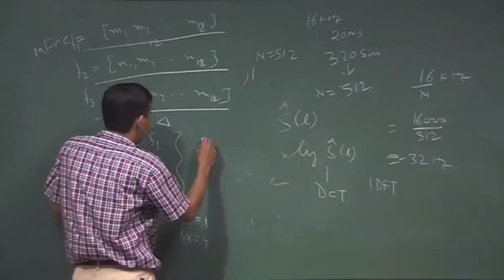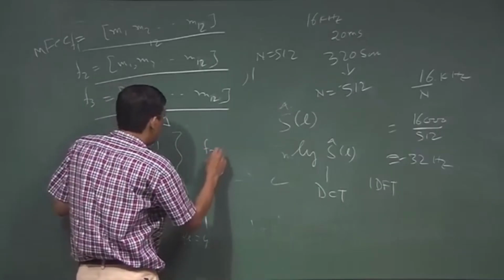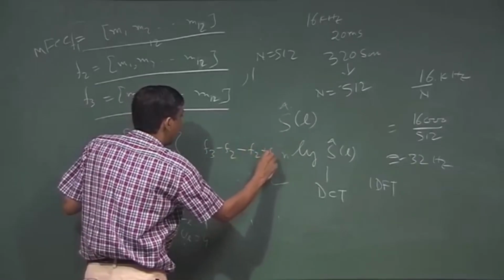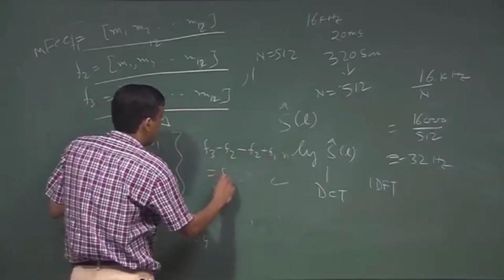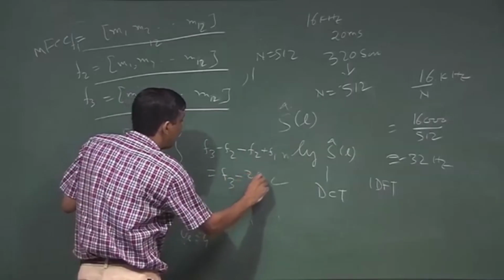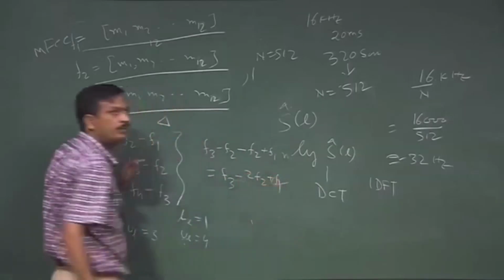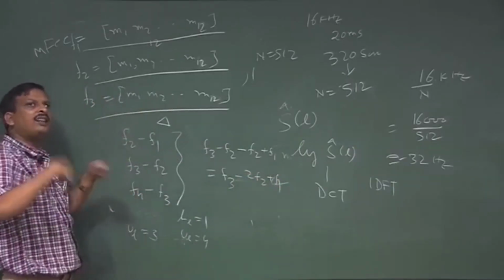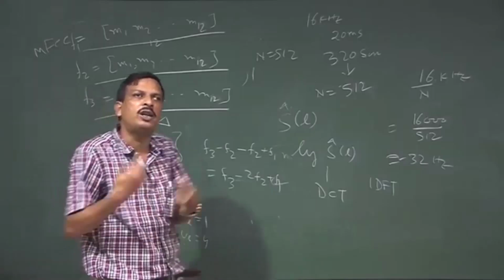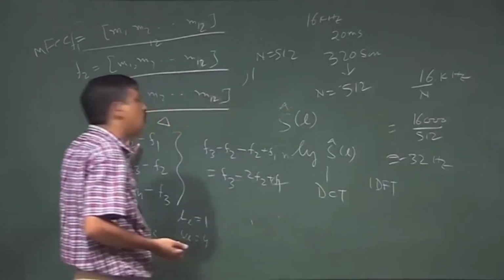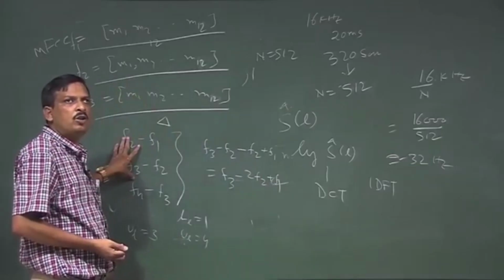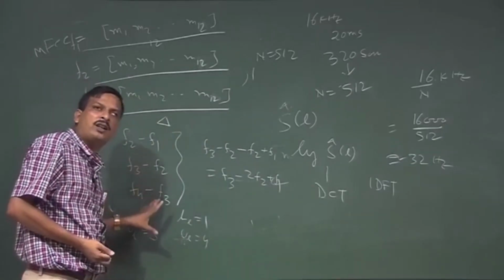So, I can say the double delta coefficient is F3 minus F2 minus F2 plus F1, which is nothing but F3 minus twice F2 plus F1. So, I can calculate the first order differentiation, then repeat the same process to get the double delta coefficient, where the input is this one.